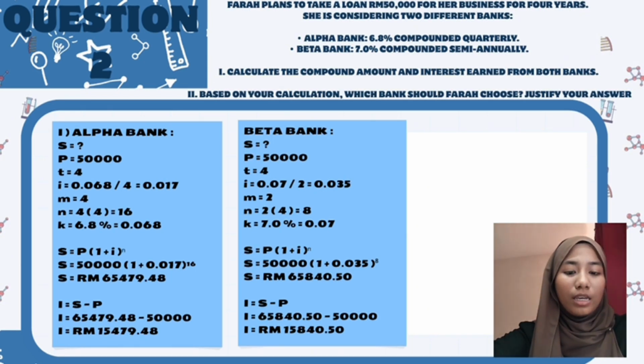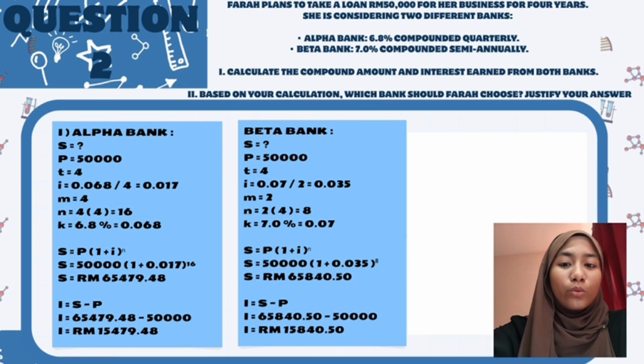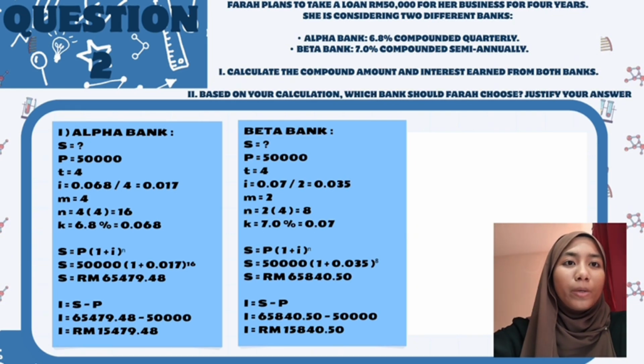For the compound amount, S equals P (1 plus I) to the power N. We put the information into the equation, 50,000 (1 plus 0.035) to the power 8, so the final answer is 65,840.45 Malaysian ringgit. For the interest earned, I equals S minus P, we get 65,840.45 minus 50,000.